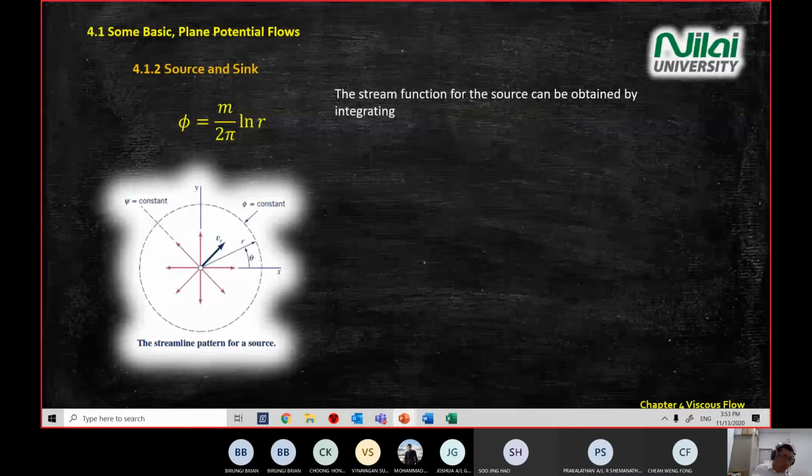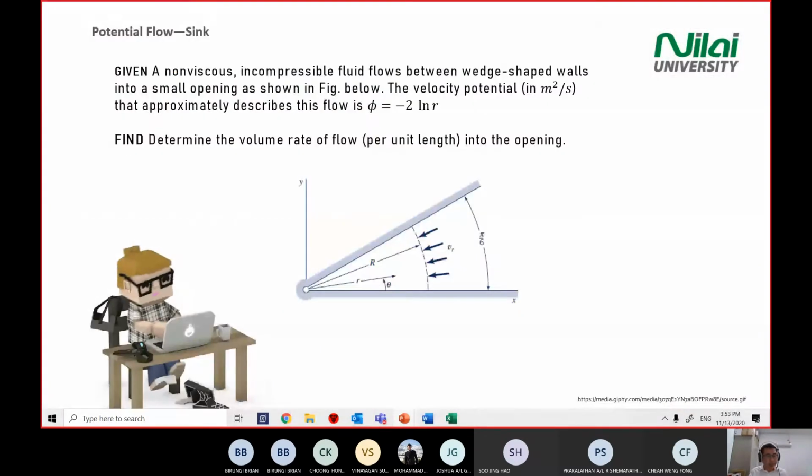Okay, let's look at question number 4, how we apply the equation that we just learned. Question 4 states that a non-viscous incompressible fluid flows between a wedge-shaped wall, given in the diagram below, into a small opening, and the velocity potential in units of meter squared per second is approximately described as phi equal to -2 ln r.